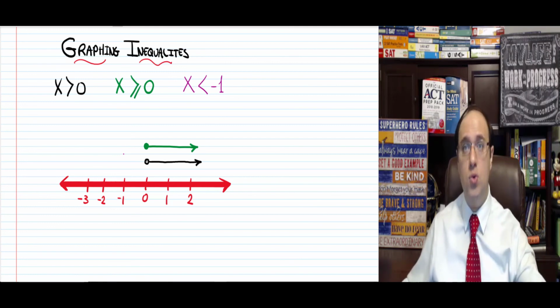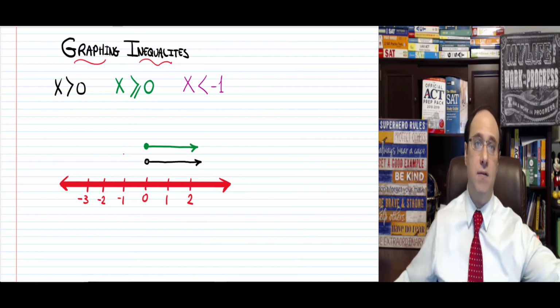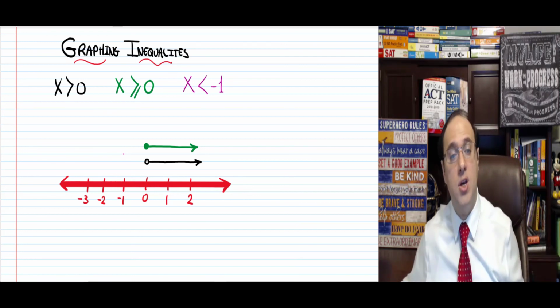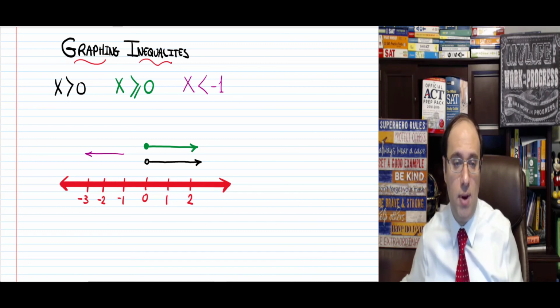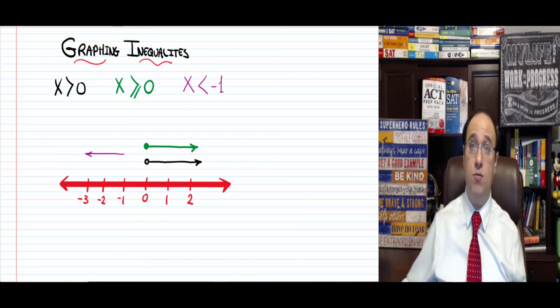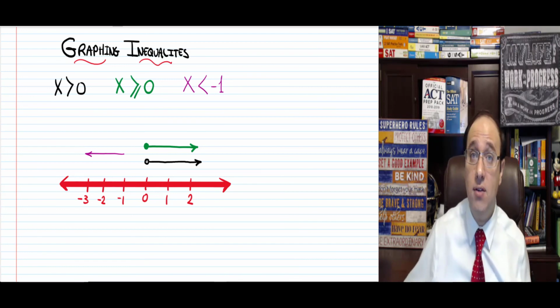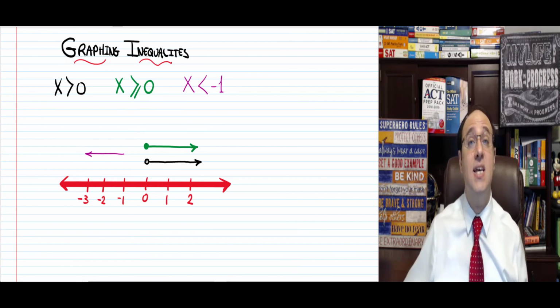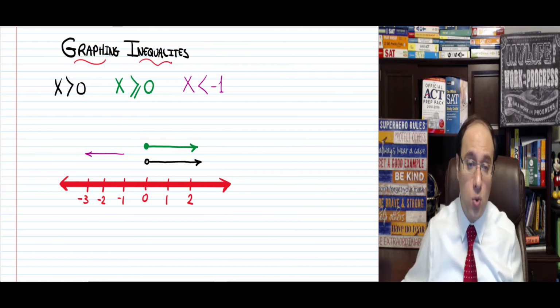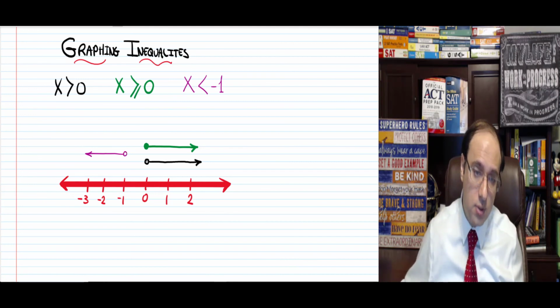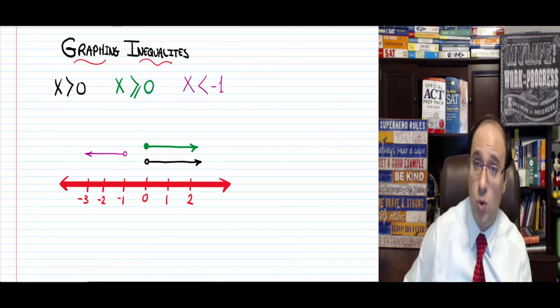So -2 is smaller than -1. -3 is smaller than -2. So I'm actually moving to the left, and I put my arrow. At -1, is x equal to -1? No, because it says x is less than -1. It doesn't say anything about being equal. So we put an open circle on top of -1.